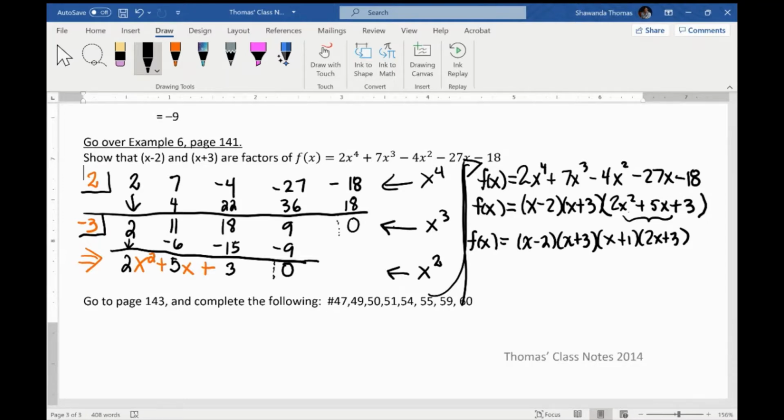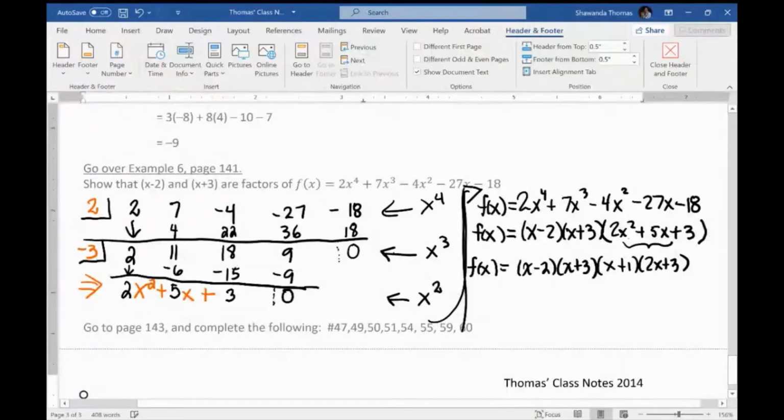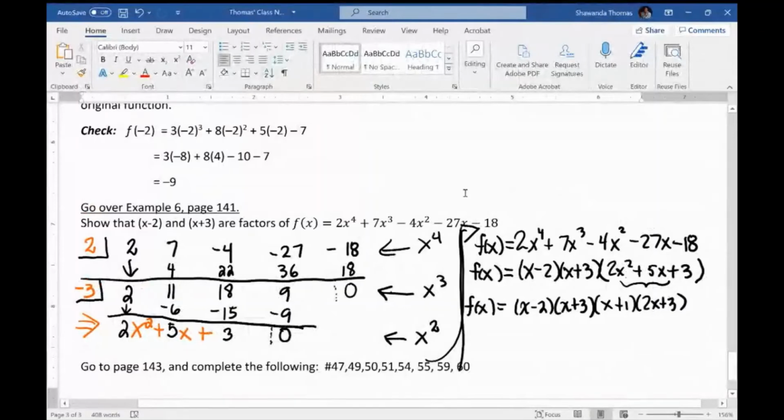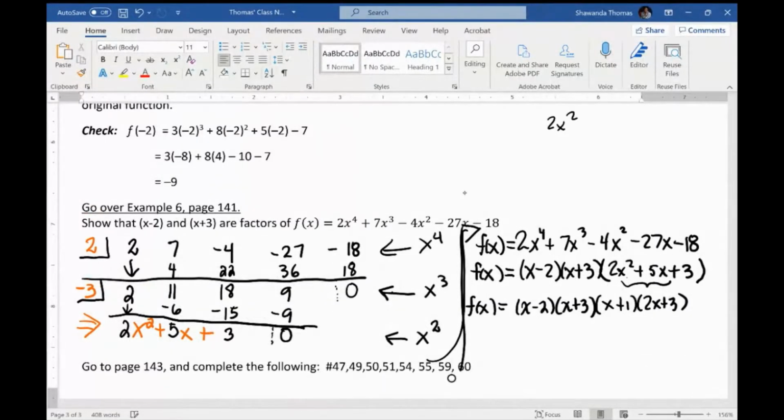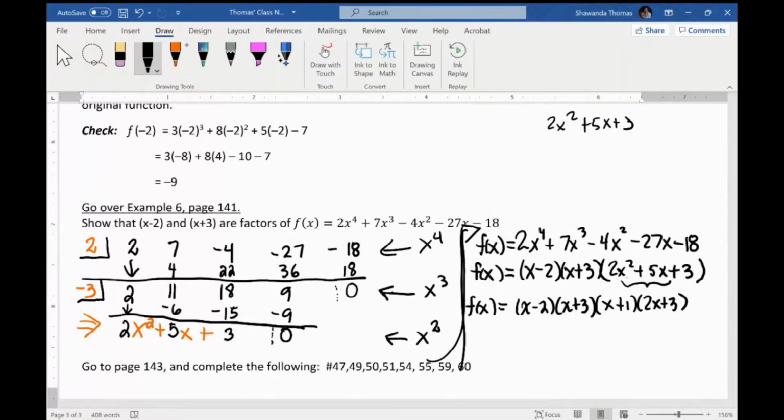So I think we were a little fuzzy on that one, so let's do AC method real quick. All right. So 2x squared plus 5x plus 3. You all know for AC method, we multiply the 2 times the 3, right? We get 6. What are the factors of 6? 6 and 1, and then 2 and 3.